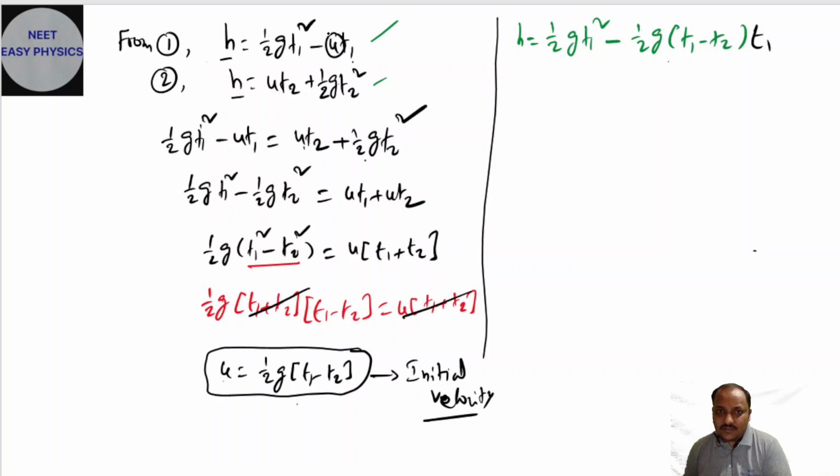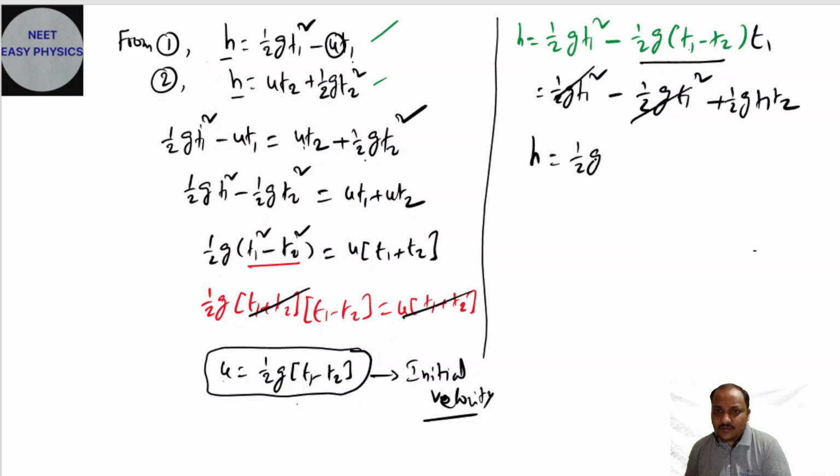Just in place of u, we have written this expression. So half g t1 square minus half g t1 square plus half g t1 t2. If you cancel these two, h is equal to half g t1 t2.